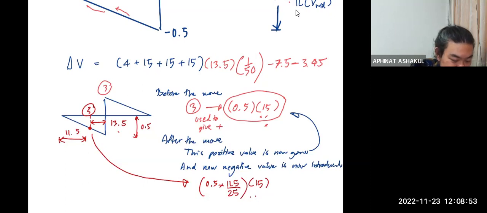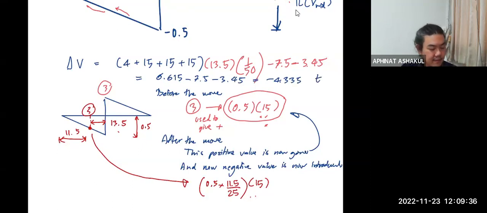Now we can have, when load number 4 moves to replace load number 3 at midspan, the shear at midspan reduced by 4.335 tons.